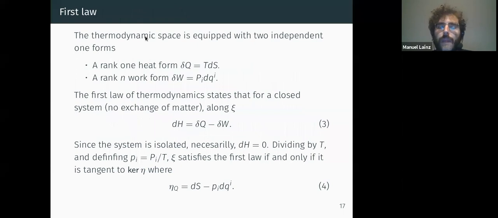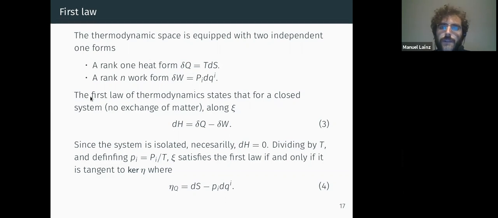The thermodynamic space is equipped naturally with two one-forms. The heat form, as our system is simple, has to have rank 1, so we can write it as T dS. And a rank n work form, which we can write as p_i dq^i because of its rank, where these p_i are usually interpreted as pressures.